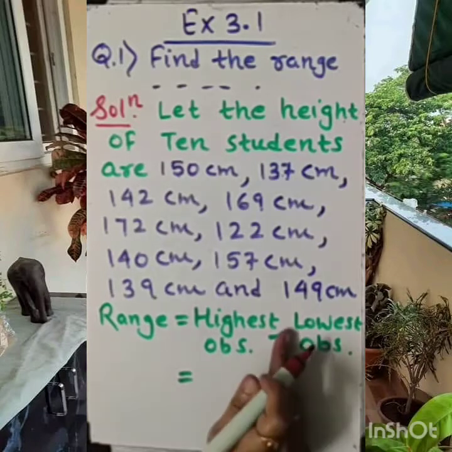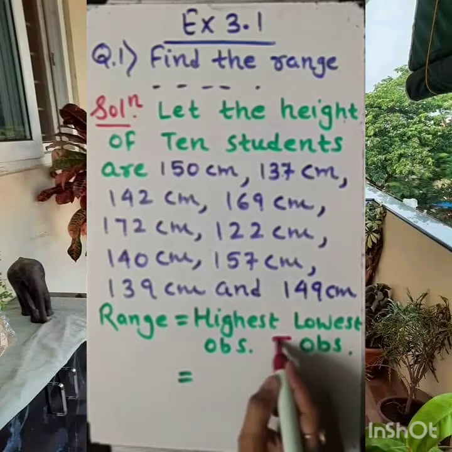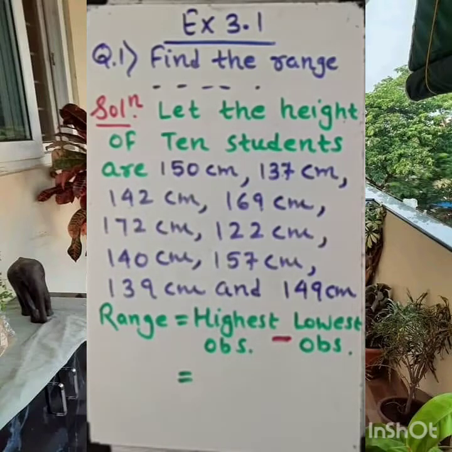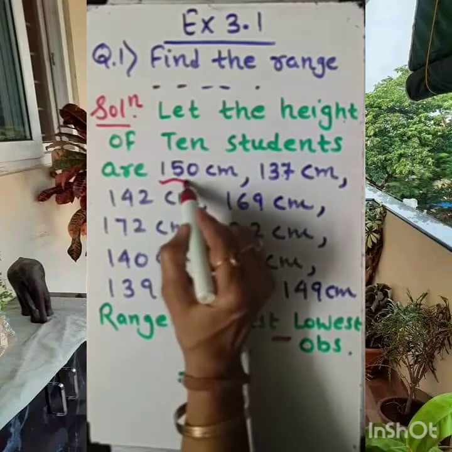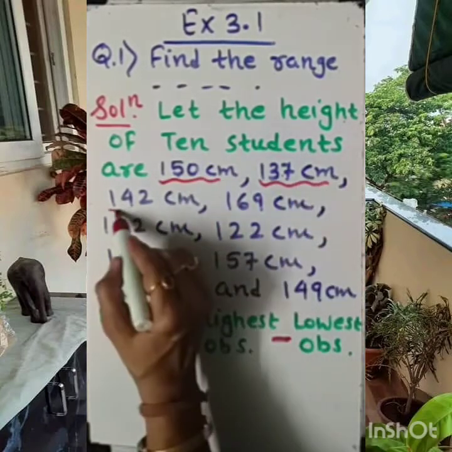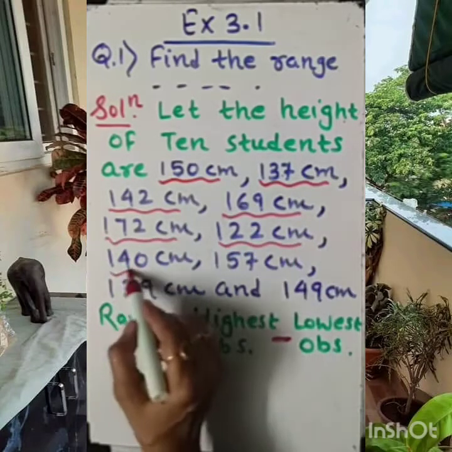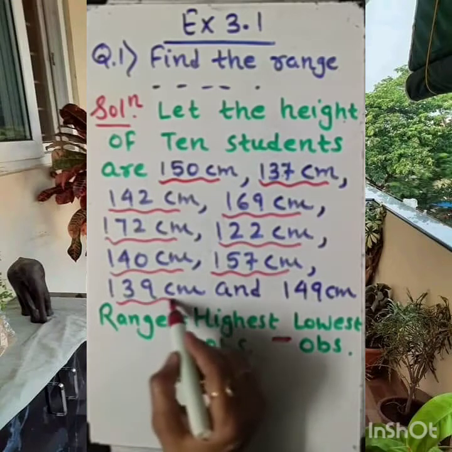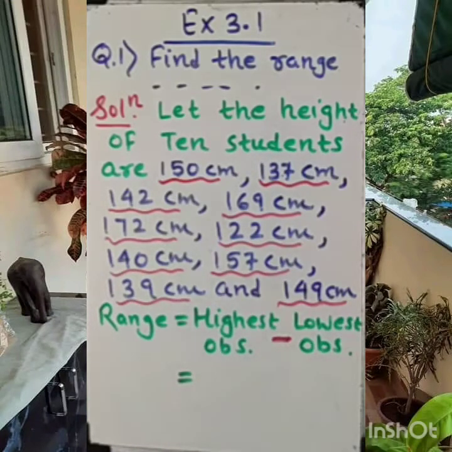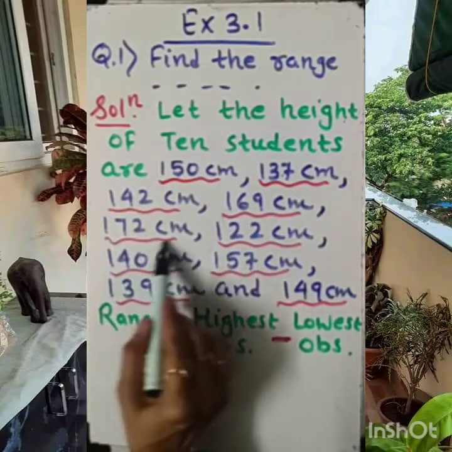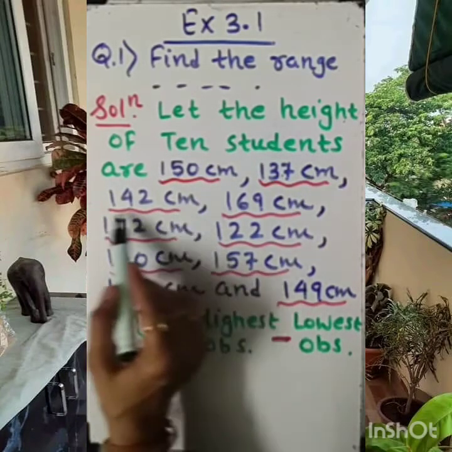The meaning is, whatever the observations here we are given, how many observations are with us? 10. 1, 2, 3, 4, 5, 6, 7, 8, 9 and 10 observations are here. Out of 10 observations, which one is the highest observation? Of course, the highest I can see is 172 centimeter.